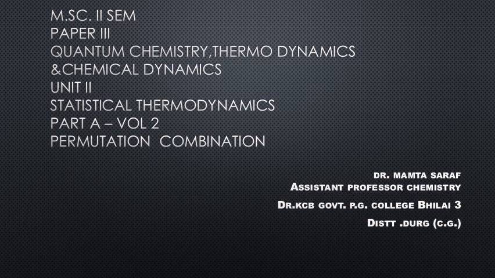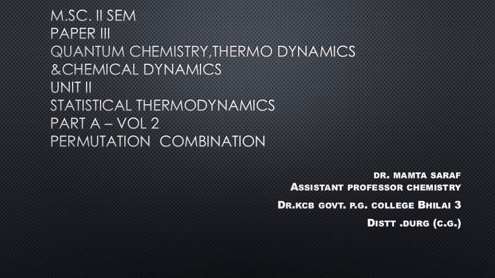In this video, we are going to discuss the topic probability, permutation and combination. This topic is the part of Unit 2, Statistical Thermodynamics from Paper 3 of MSc Second Sem.